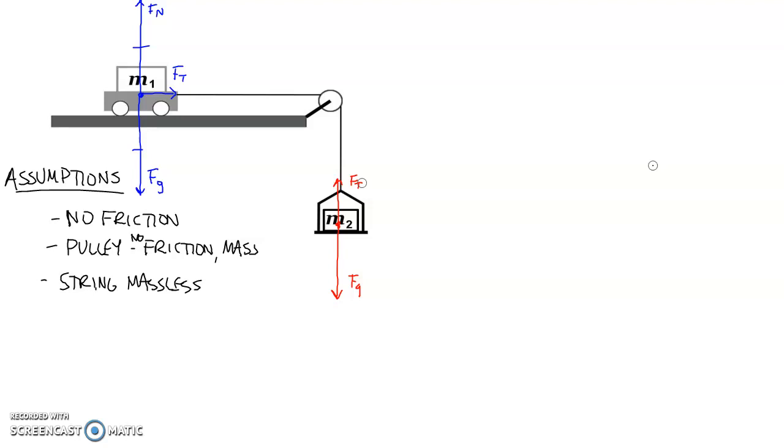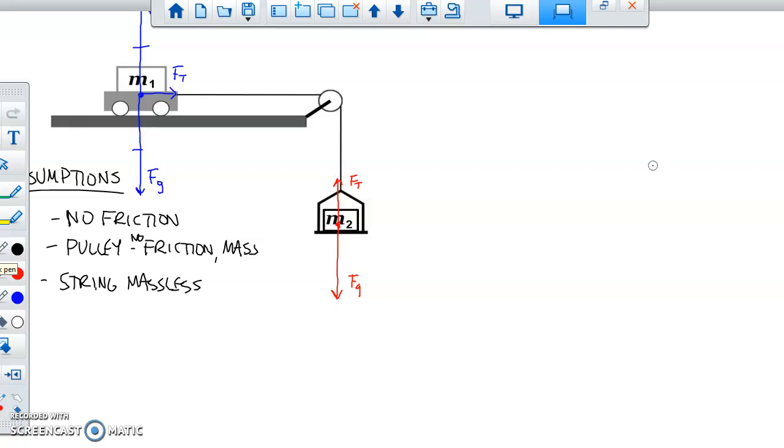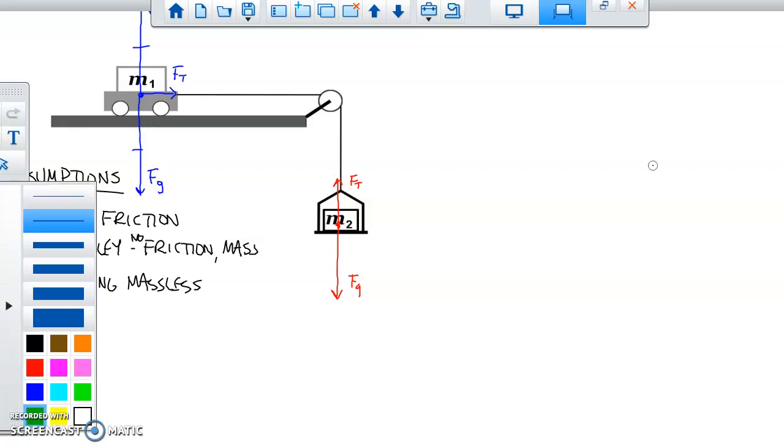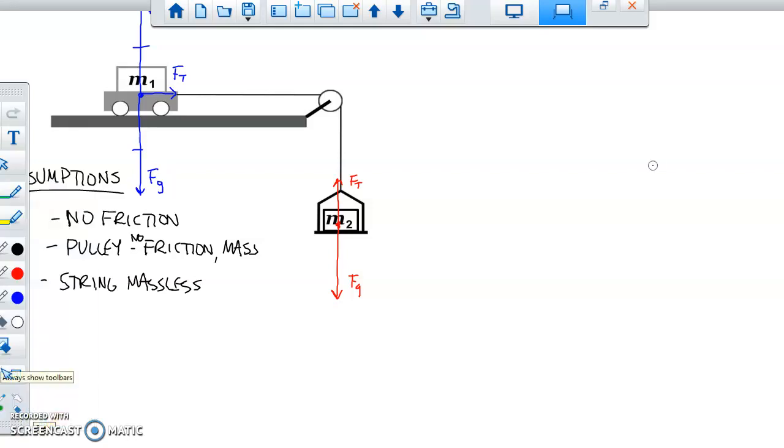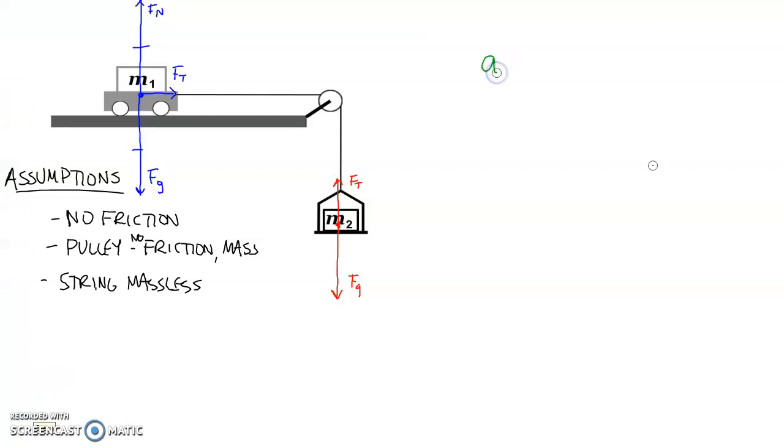If we were to try to find out the acceleration of either of these things, the key to understanding this entire problem is Newton's second law, which says that the acceleration of an object is equal to the sum of the forces on an object or a system divided by the mass of that total system. So that's important, by the way.